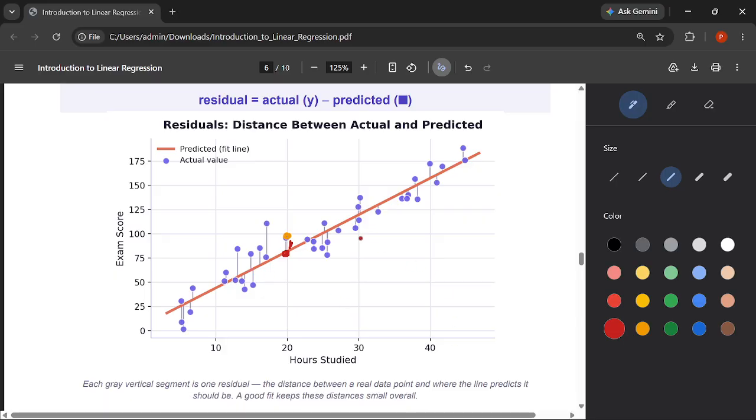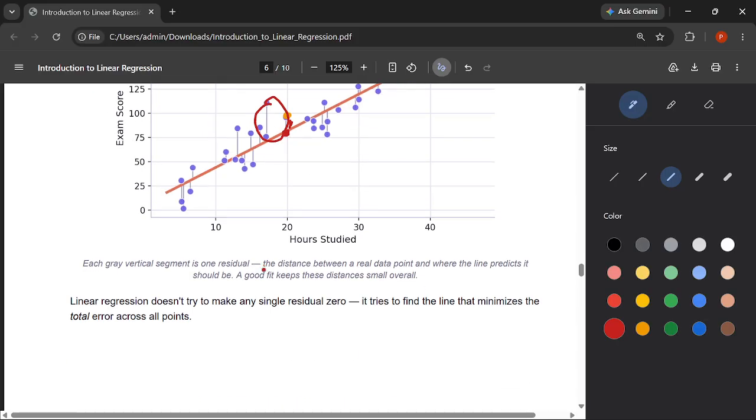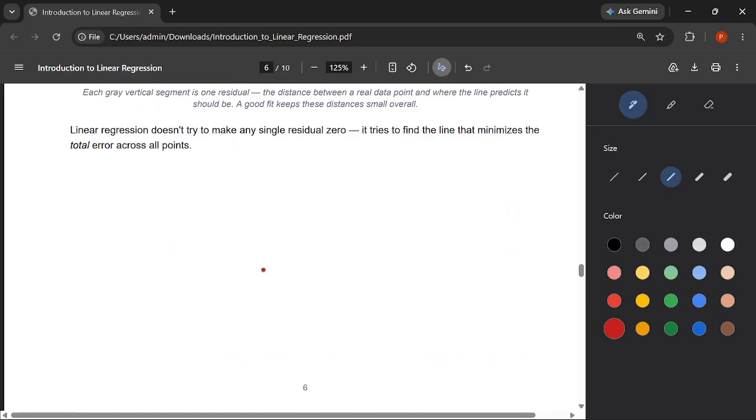This is our aim in the whole of linear regression: to minimize all the gaps. This is our error.